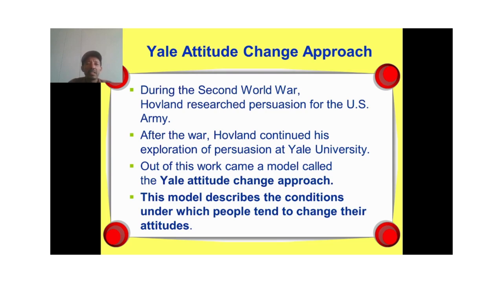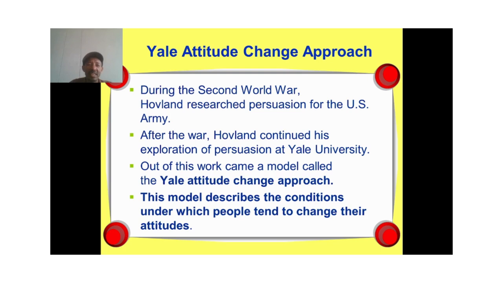So the first is the Yale attitude change approach. Hovland conducted research on persuasion during the Second World War, and he proceeded to conduct research on persuasion at Yale University even after the war.